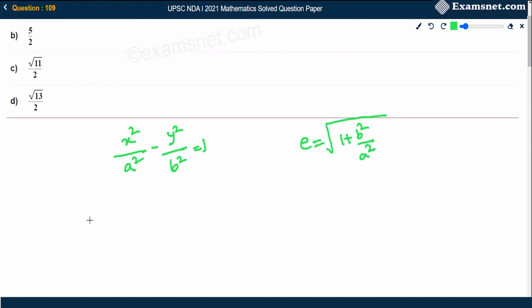Let's put this point, the point (3 tan theta, 2 sec theta) lies on the hyperbola.